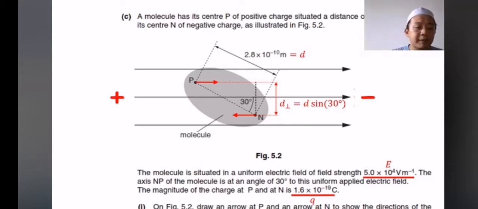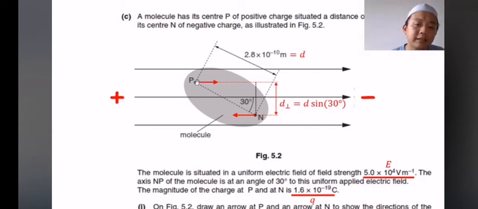So what is the perpendicular distance? Perpendicular distance is with respect to what? We have to find the perpendicular distance with respect to the electric field direction. So the electric field direction is horizontal, so we want to know its vertical.